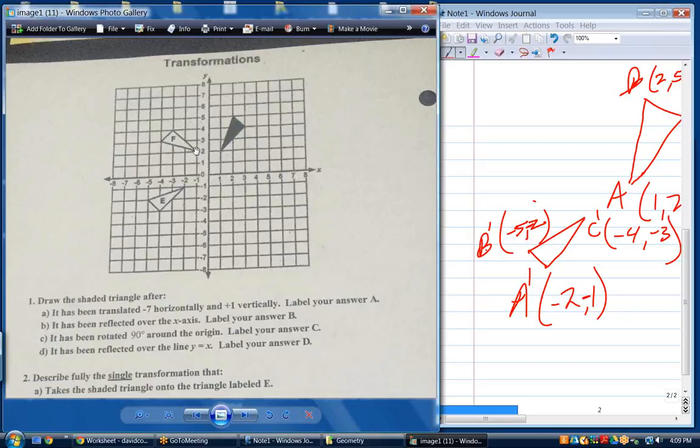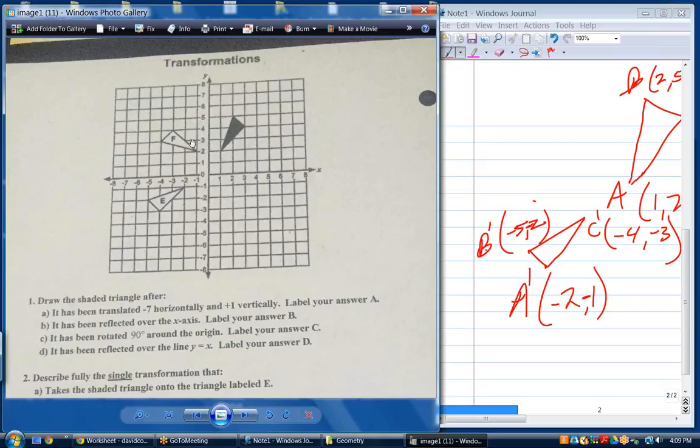Can you see my little hand here? When I point, it's easy to tell that's A prime, but figuring out B and C is a little more difficult. So make C the point that's close to the right angle, because then we know that is C prime.